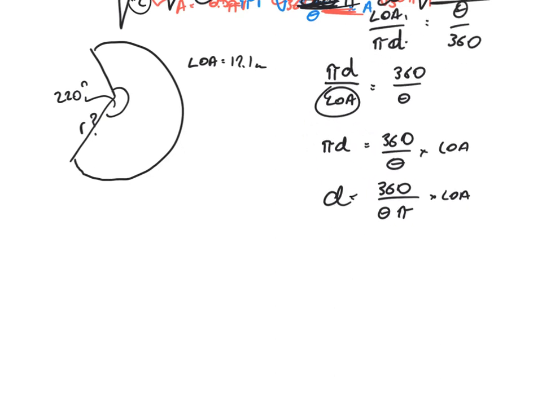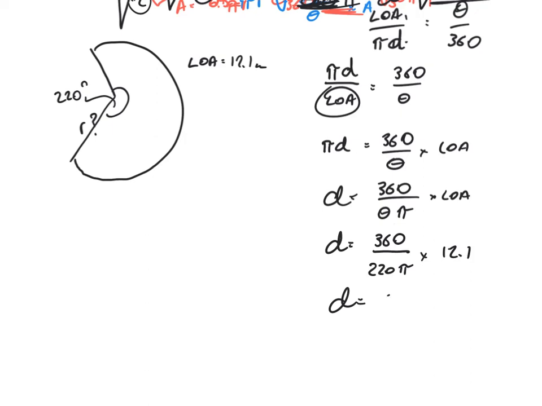So what is that information again? Well, the length of the arc is 12.1 and the internal angle at the centre is 220. So it's going to be 360 over 220 pi multiplied by the length of the arc, which is 12.1. I can now feed that into the calculator to see what my result is for the diameter.